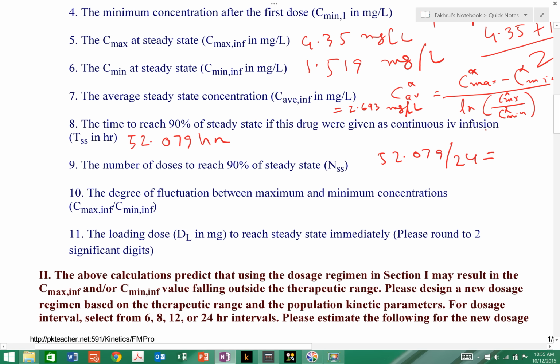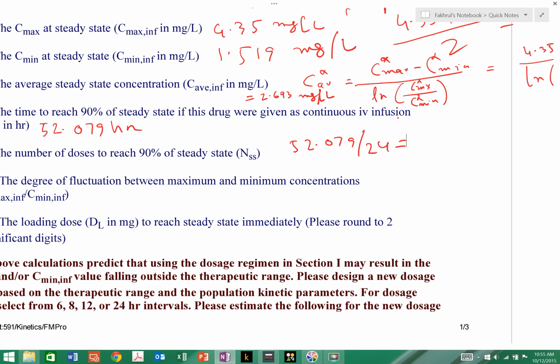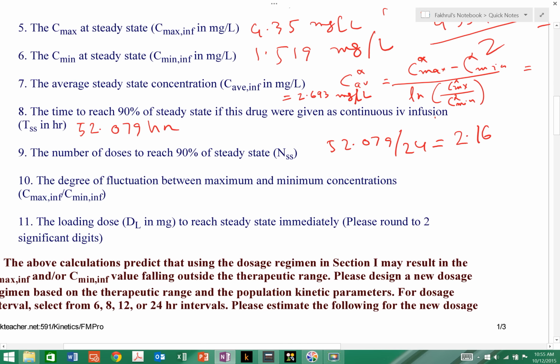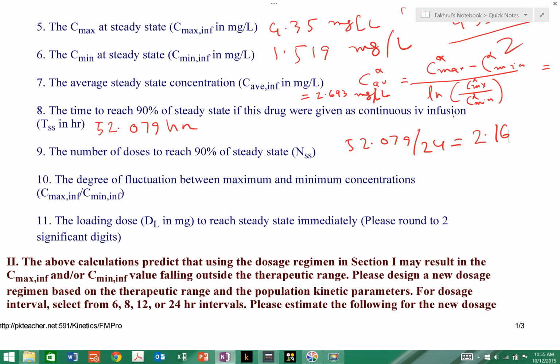This will give you about 2.16. That means if you administer 2.16 doses, you should achieve 90% of steady state. But we cannot give 2.16 doses.